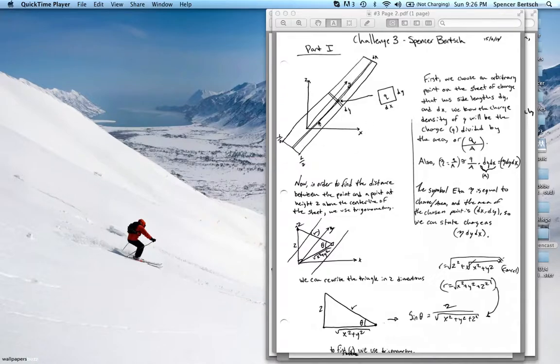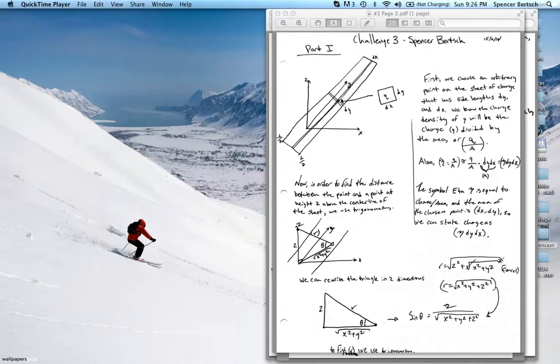We know that charge density is the charge divided by the area. It's written right here: eta, which is what we use, is charge divided by area, times dy dx. That means the charge density multiplied by dy, which is the change going this way, and dx, which is the change going that way.